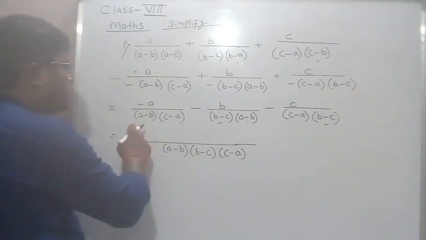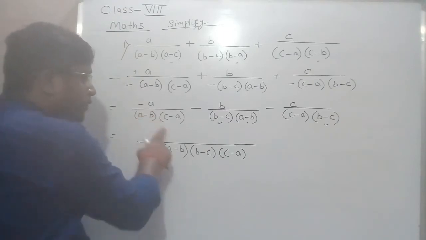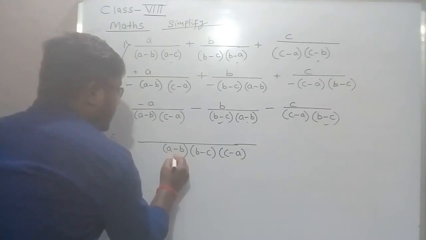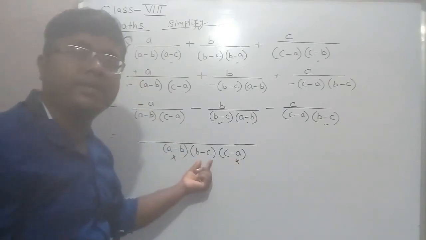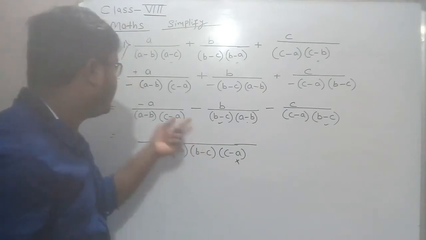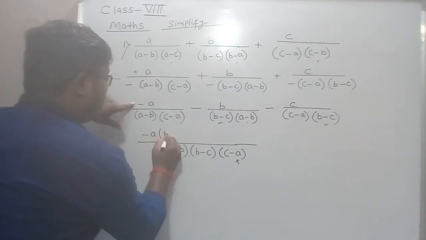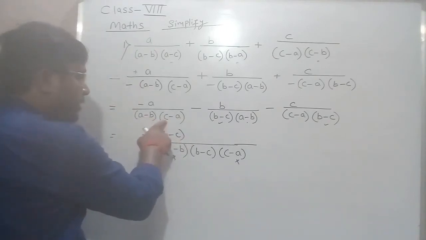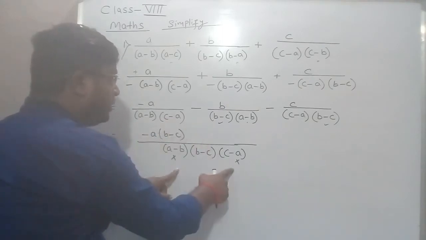Now our next process is what? This denominator will divide the LCM, that is A minus B, C minus A. This A minus B and C minus A will be cancelled. What is remaining here? B minus C. This B minus C will be multiplied with minus A, that is minus A into B minus C. Whatever is in the denominator here will divide the LCM and cancel.